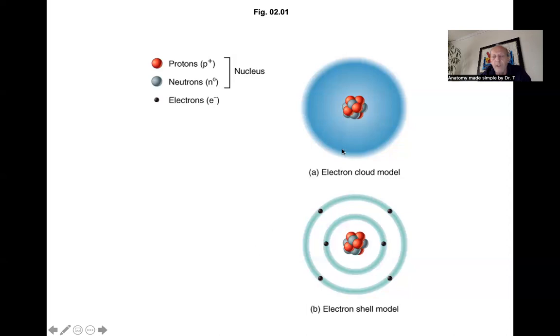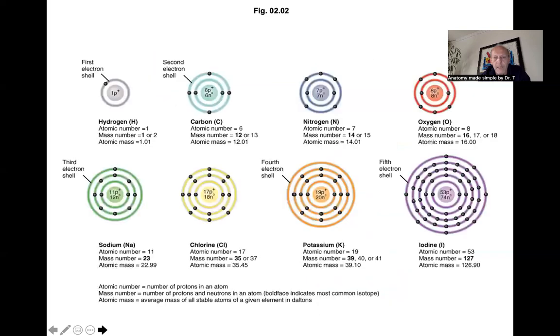So for now, we just have to remember the nucleus of an atom is made of protons and neutrons. Protons have a positive charge, and a matching number of electrons should be seen orbiting around the nucleus, and the total number of electrons should be equal to the number of protons. Let's see the next slide.